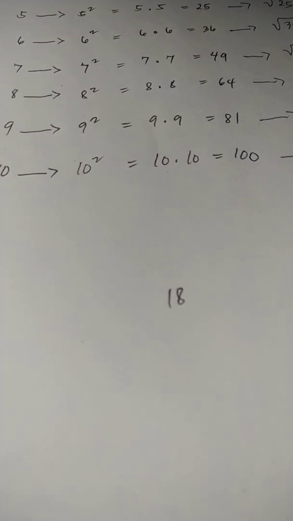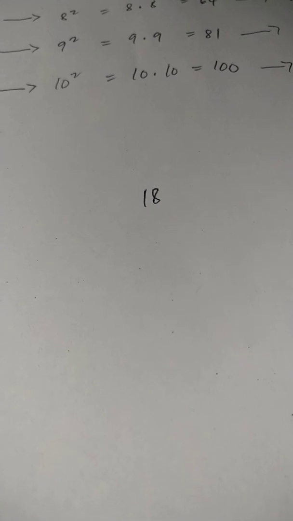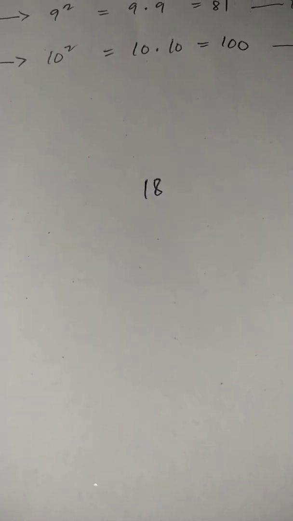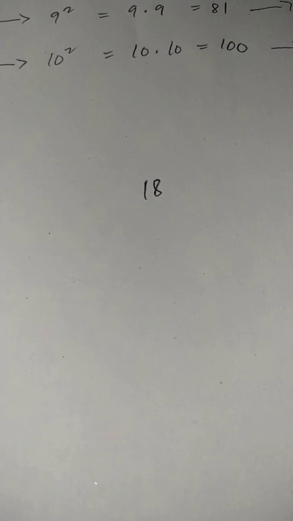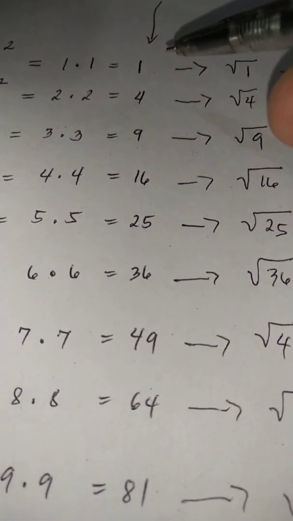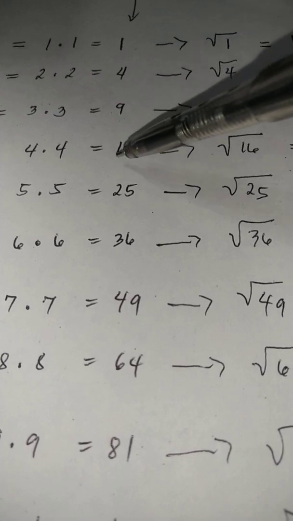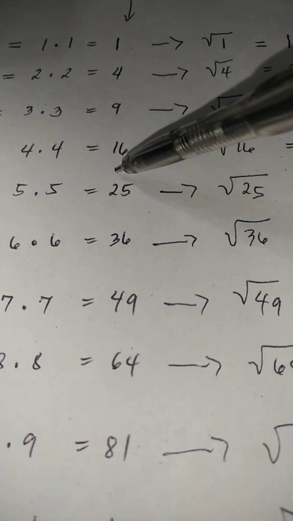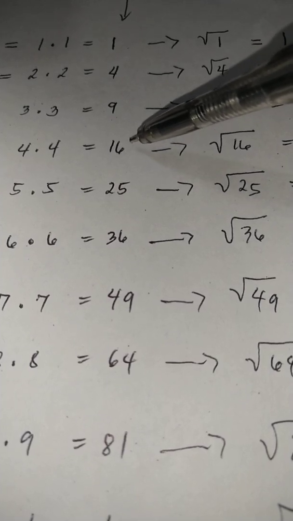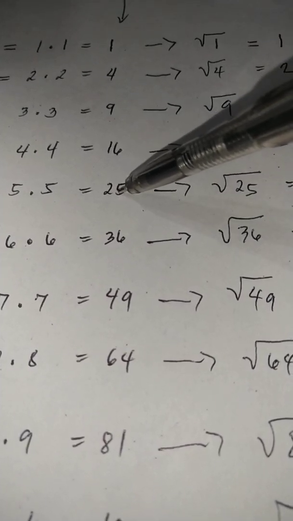Now let's consider 18. The question is, is 18 a perfect square number? By looking at this one, 18 is lying between perfect square number 16 and perfect square number 25.